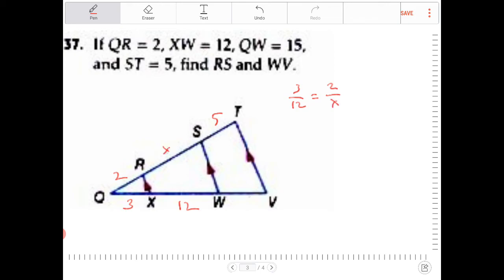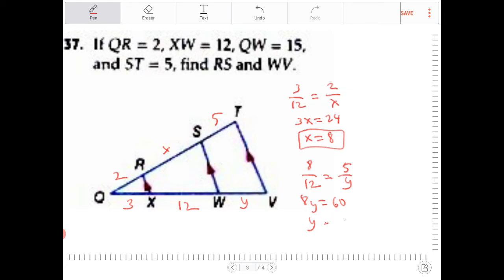I'm calling this guy x, and I'm calling this guy y. So I can solve for x. 3x is equal to 24. X will equal 8. And I can then say 8 over 12 is to 5 over y. Cross multiply. 8y is equal to 60. Divide both sides by 8.